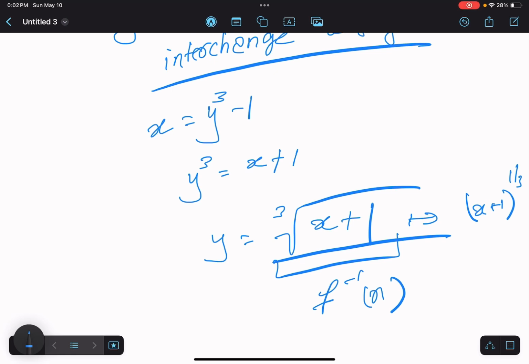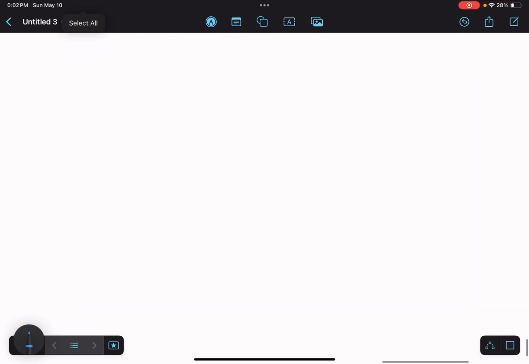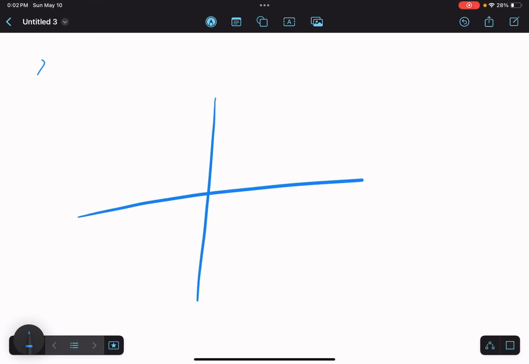Okay. Now let's do some graphing. If I draw the graph of f(x) equals x cube minus 1, the graph becomes like this.